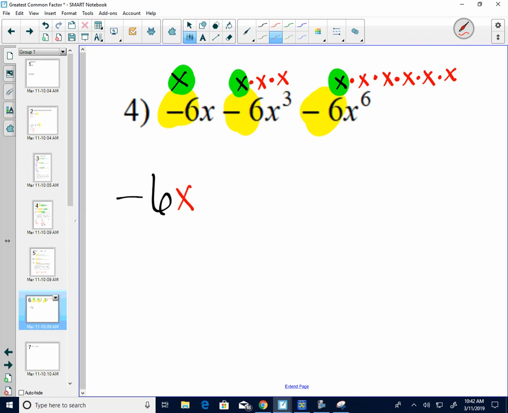So I can pull out a negative 6x. So that leaves me on the inside with negative 6x divided by negative 6x. That's a 1. Here, these are all going to turn to positive signs because I pulled a negative out. I have x times x, so that's x squared. And then here I have 1, 2, 3, 4, 5 x's left, so that is x to the 5th.